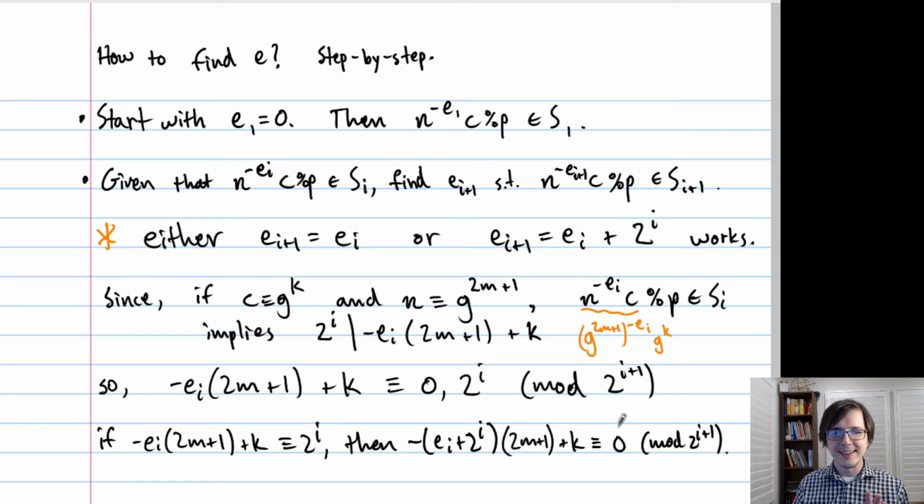So you can run through that algebra if you need some convincing. This is how we can recursively compute our e, because we use e equals e_L after going step by step in this way.